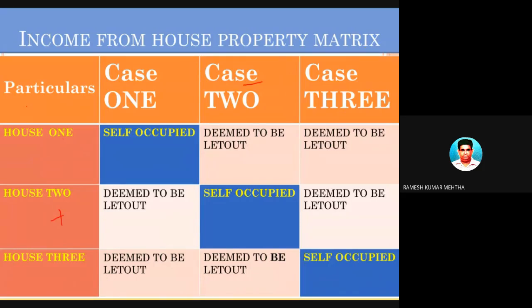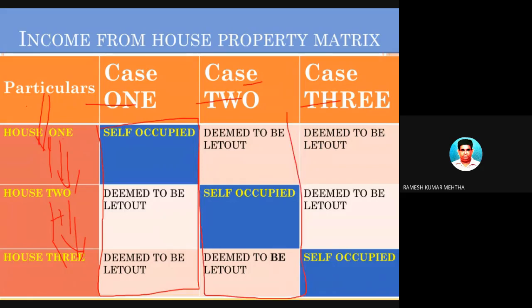So here, house number 1, house number 2 and house number 3 are written like this, and case 1, case 2, case 3 are written like this. What is case 1?